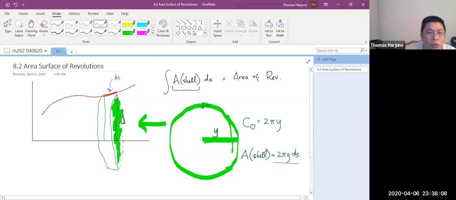Now, suppose I need to find the total surface area of revolution from A to B. Then the area of revolution will be equal to the integral from A to B of 2 pi radius times ds.